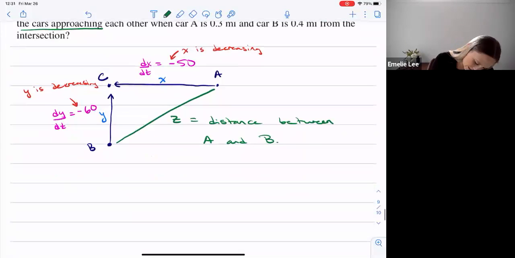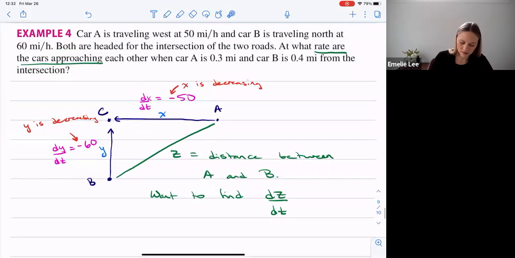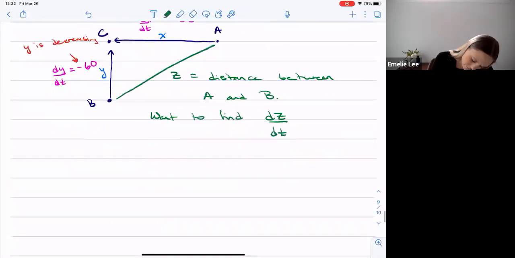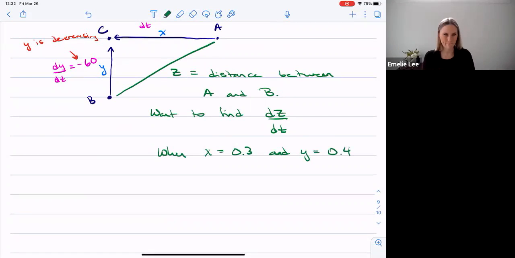So we want to find dz/dt when x is 0.3 and y is 0.4.